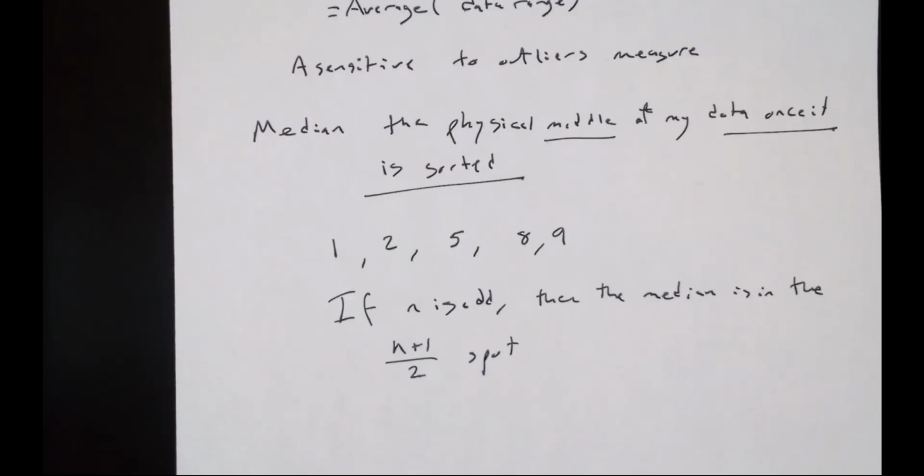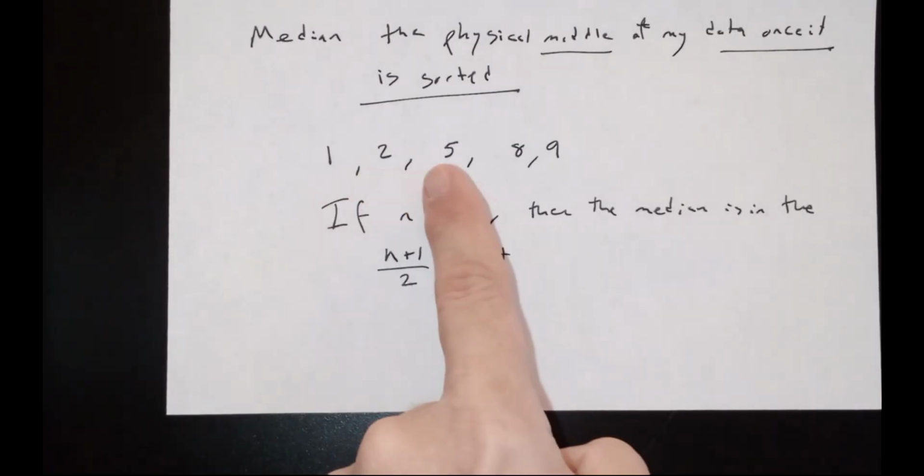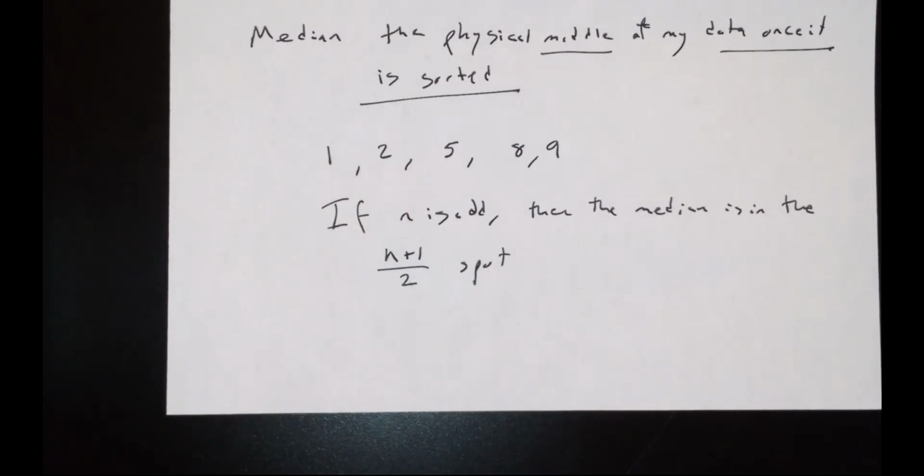If I have an odd number of things, in this case, I have 5 things. 5 plus 1 over 2 is 3. Go to the third spot. If n is even, that's going to give me a fraction, isn't it?